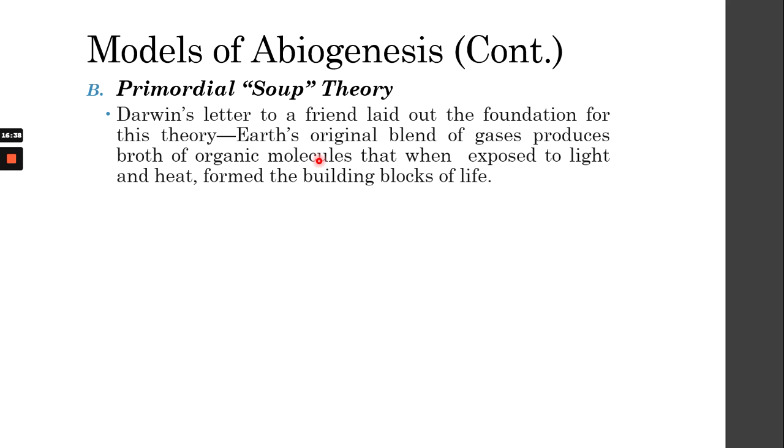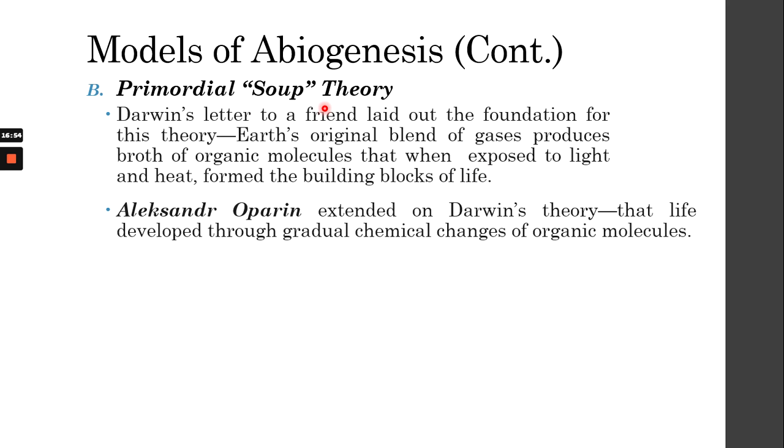And from these simple organic molecules, they become more complex and information-rich, which basically are the amino acids that eventually created life on Earth. So that's what the primordial soup theory is.